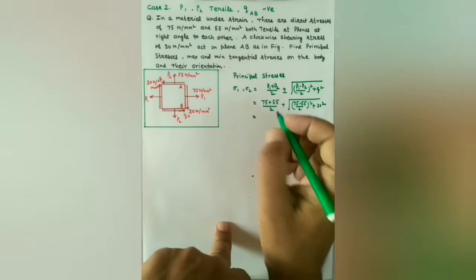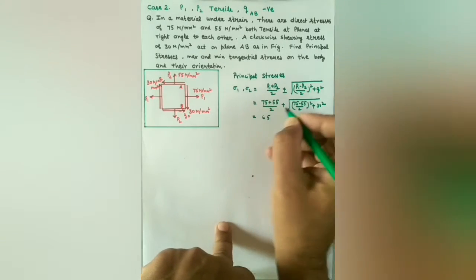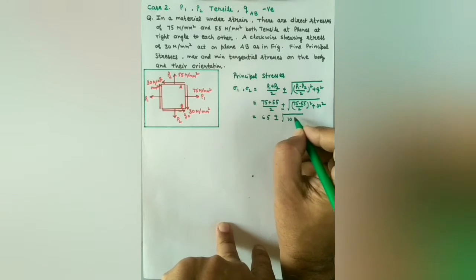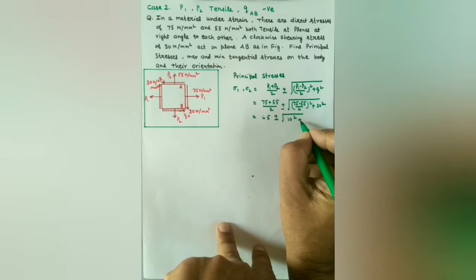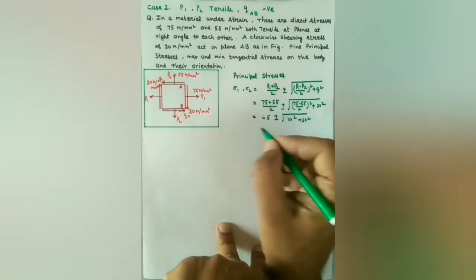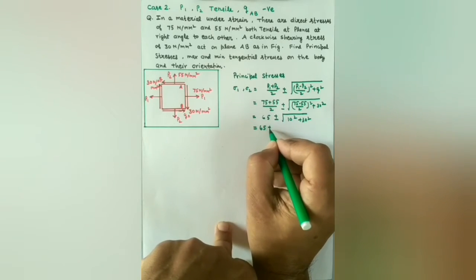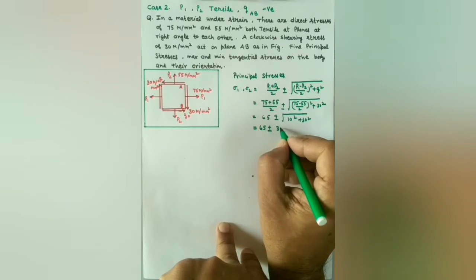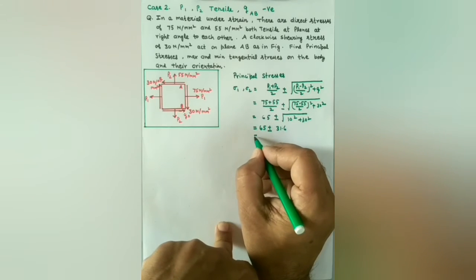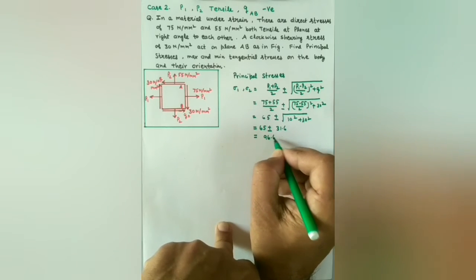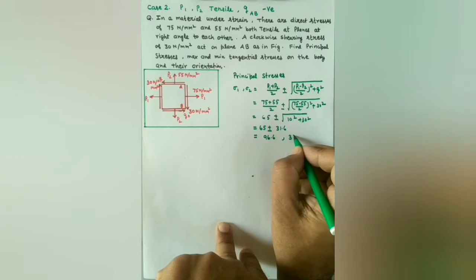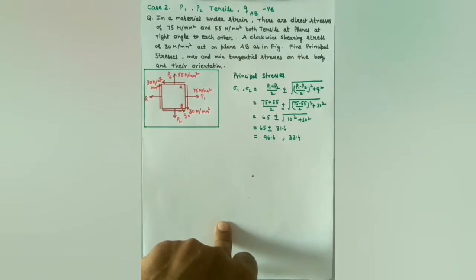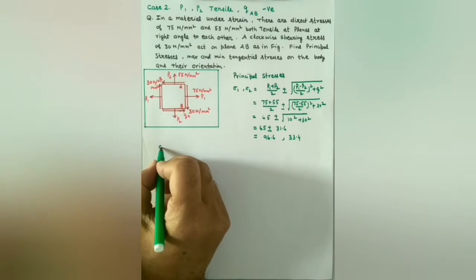So 75 plus 55 by 2 gives us 65 plus minus root 10 square. 75 minus 55 by 2 is 10, so 10 square plus 30 square, which is equal to 65 plus minus 31.6. So value of root 10 square plus 30 square is 31.6. So this gives two values of sigma max and sigma min, 96.6 and 33.4 Newton per mm square.